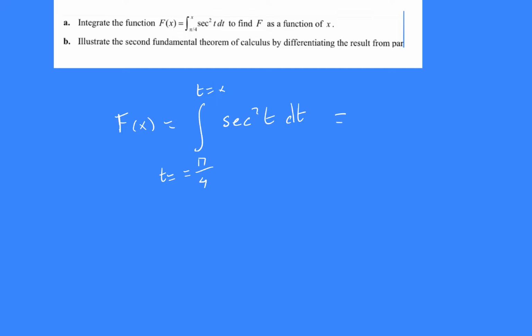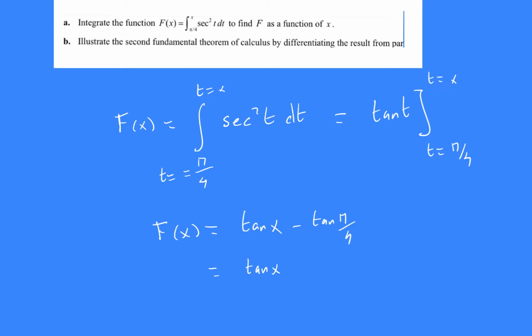So this will be equal tangent of t evaluated between t equal pi divided by 4 and t equal x. So f of x will be tangent of x minus tan of pi divided by 4. Or in other words, the function will be tangent of x minus tangent of pi divided by 4 is 1, minus 1. So this is the function, and the first part of the problem is already done.